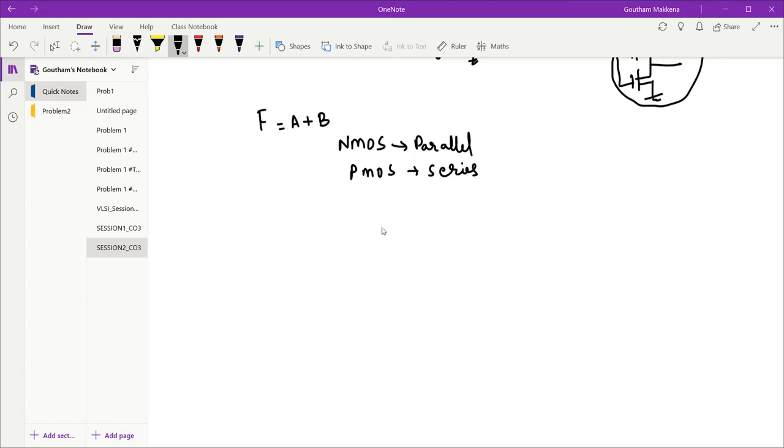So what will this look like? So this is nothing but VDD. So my PMOSs will be in series over here, but what happens to my NMOS? My NMOS transistors are in parallel.